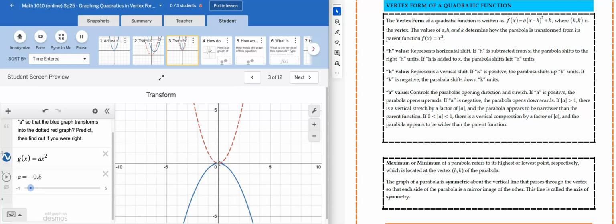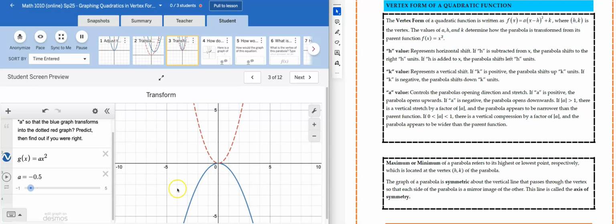The vertex is a really important part of our parabola, and that's what we're going to be focusing on since we're talking about vertex form of a function. But if it's an upside down parabola like this one, now that vertex would be the maximum because it's the highest point of an upside down parabola, because these go down to negative infinity, on and on forever.